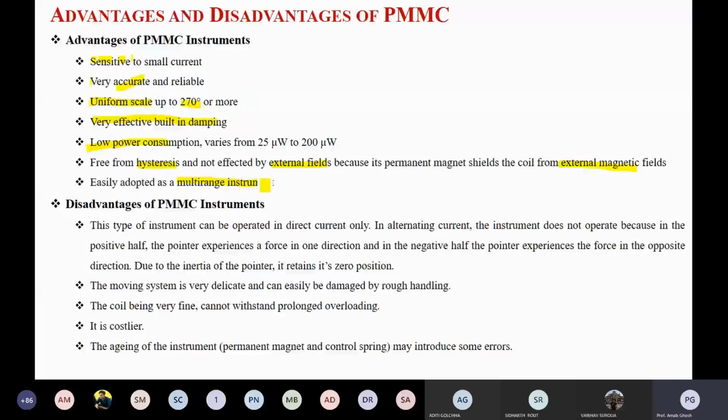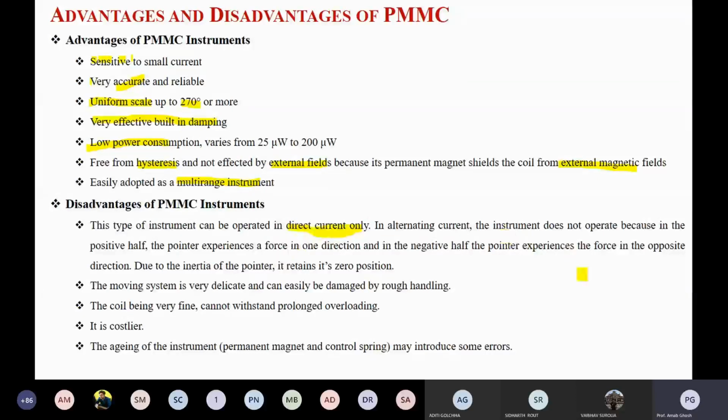Similarly, if it has some advantages, definitely some disadvantages will also be observed. The PMMC instrument can be operated only on direct currents, so it is not able to measure AC current or instantaneous current.